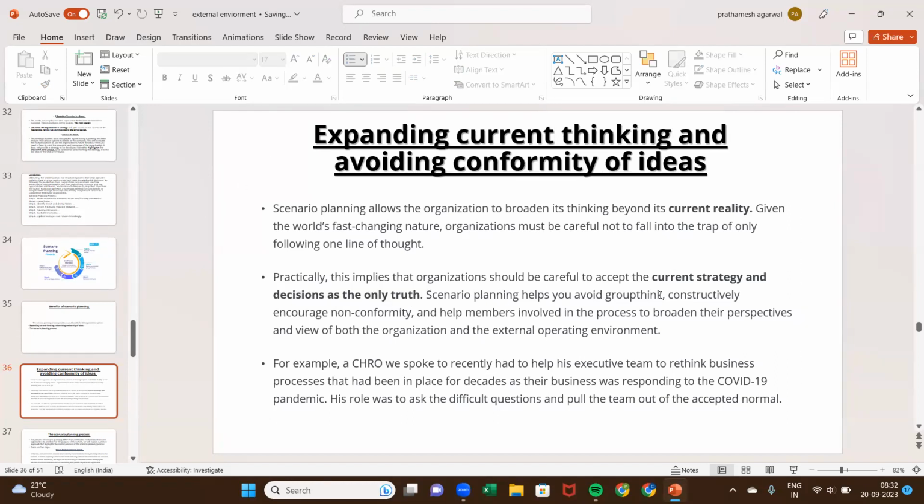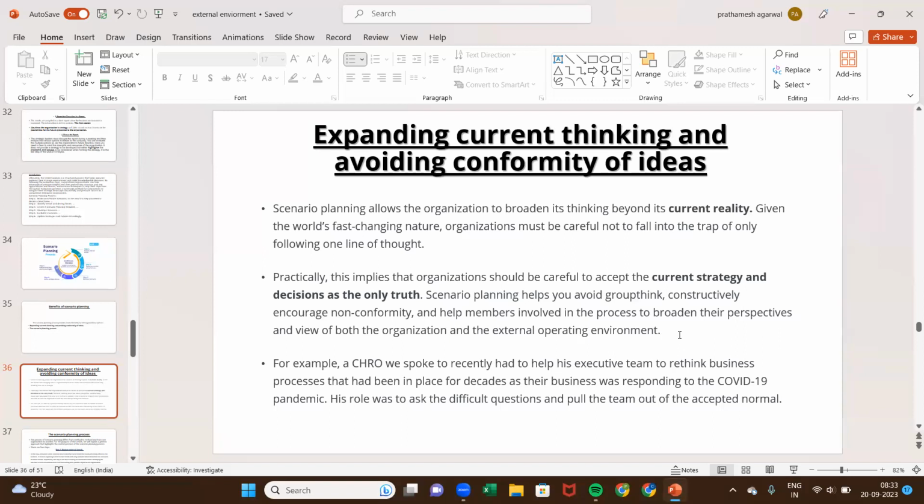Scenario planning helps you to avoid group thinking, constructively encourage non-conformity, and help members involved in the process to broaden their perspectives and view of both the organization and the external operating environment. Okay. Now, practically, this implies that organizations should be careful to accept the current strategy, right?